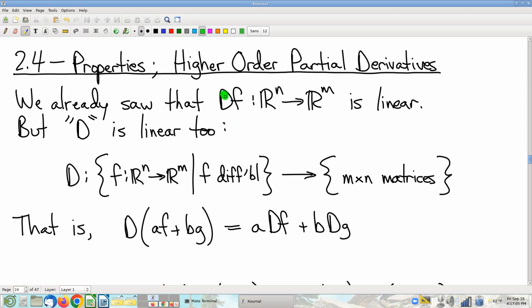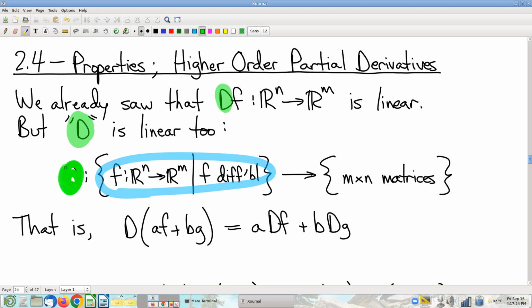But D by itself, what is D? Let's think about this D thing by itself. D apparently is something we do to a function. So the input is a function, and what do you get when you do D to a function? Well, you get DF, which is a matrix.